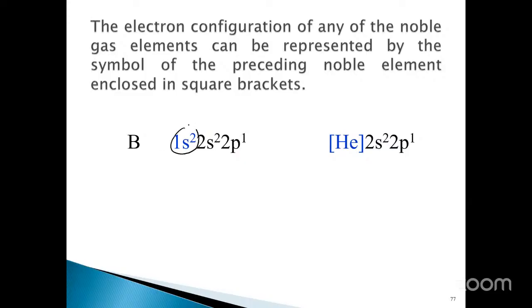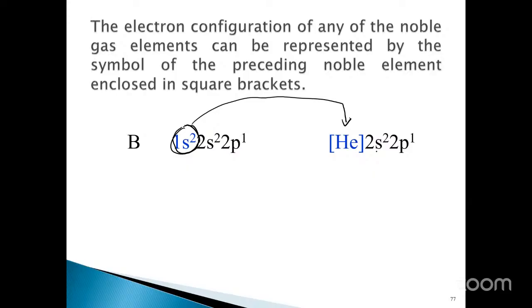So to get the abbreviated version from the unabbreviated version, you replace the electron configuration of helium in this configuration with the symbol of helium in square parentheses. And then you write down the rest of it, which would be 2s2, 2p1. So this would be the full or unabbreviated version, and this would be the abbreviated electronic configuration of boron.